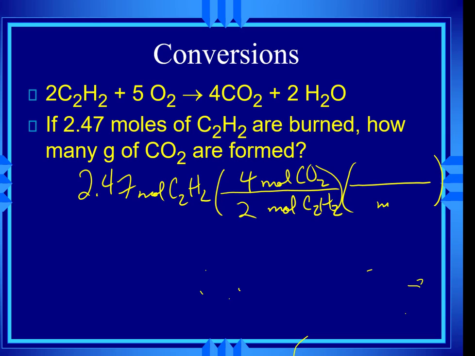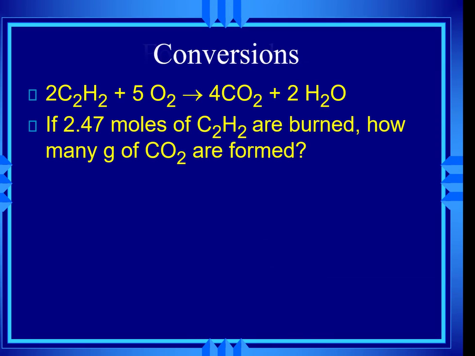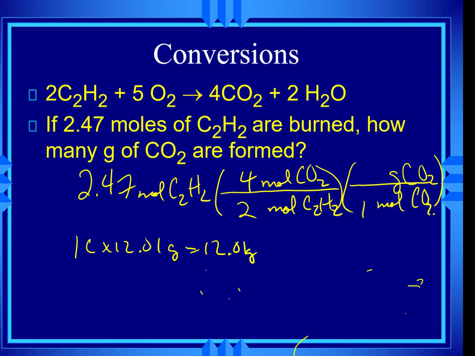Now I want to get rid of moles of CO2, and they ask for grams of CO2. And 1 mole is 1 carbon times 12.01 grams is 12.01 grams. There are 2 oxygens times 16.00 grams is 32.00 grams.